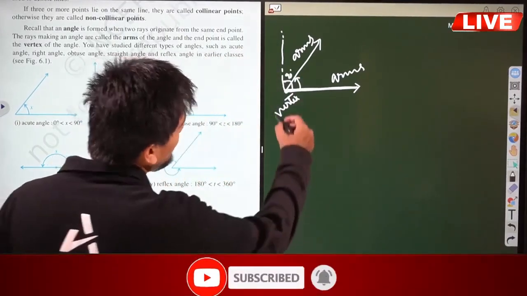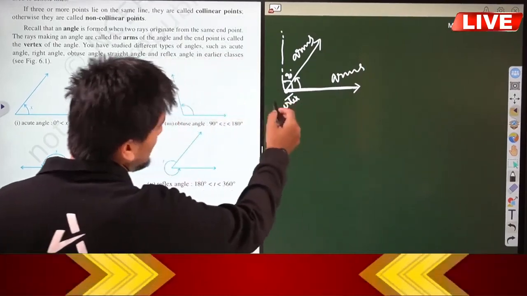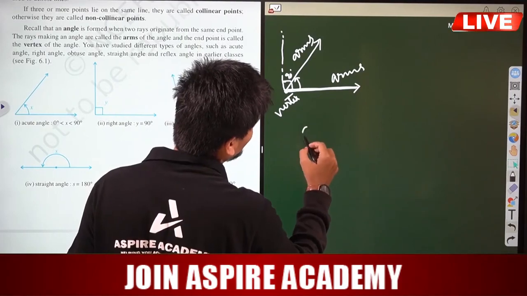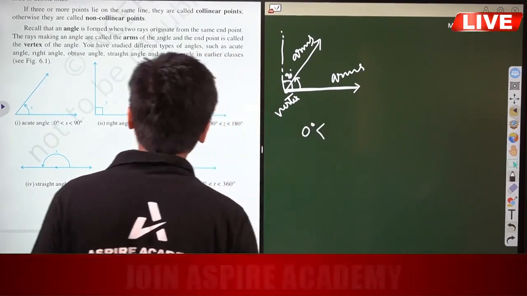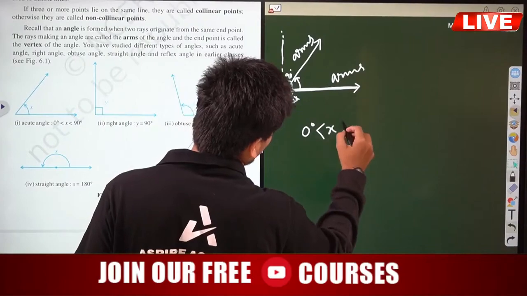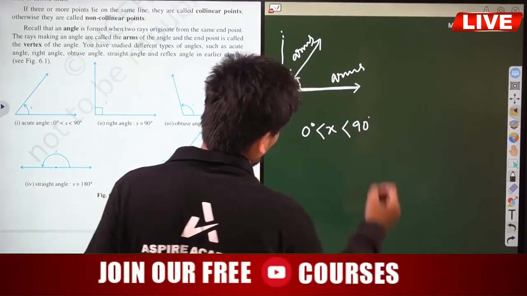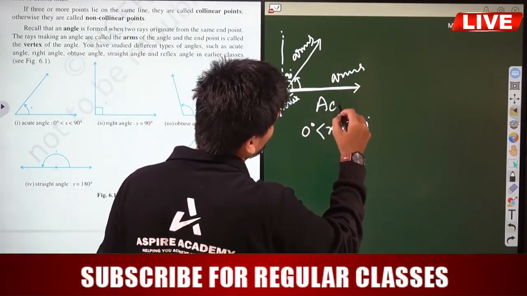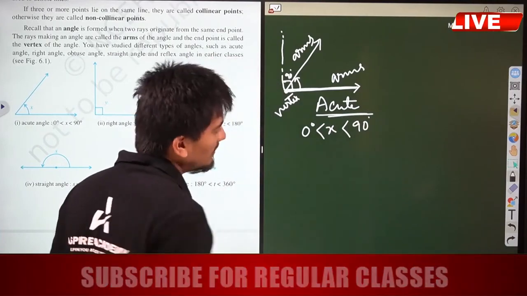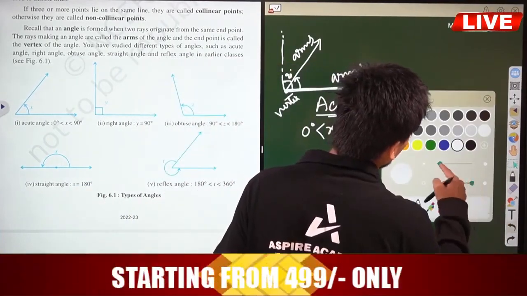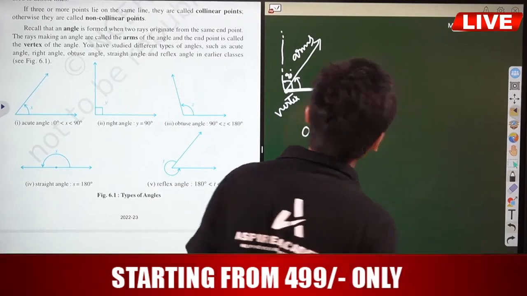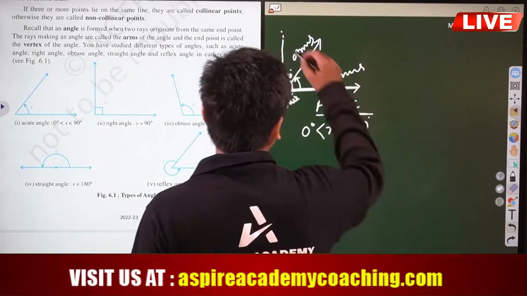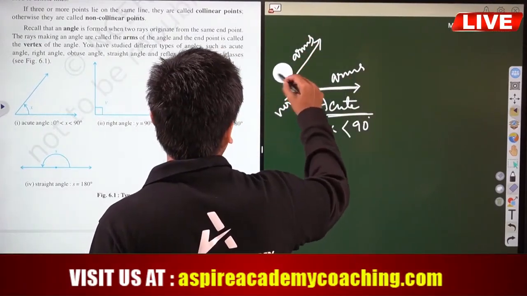But if this ray makes some angle with this line, then definitely this angle will be somewhere between 0 degree and 90 degree, say this angle is x. So I will call this angle an acute angle, right? An acute angle is always greater than 0 degree and less than 90 degree.